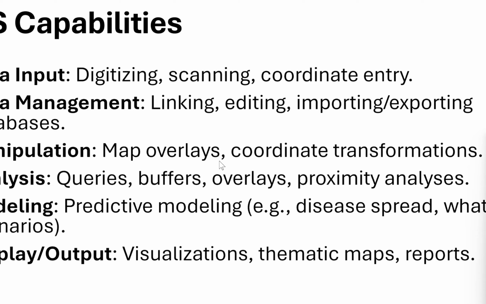In manipulation, you can overlay two maps. You can do coordinate transformation also. And analysis contains querying, buffer, overlay, and proximity analysis. So all these features will come in the analysis part. And then we have modeling. Based on the data that we have, we can make predictive models. And then the last capability is display and output.